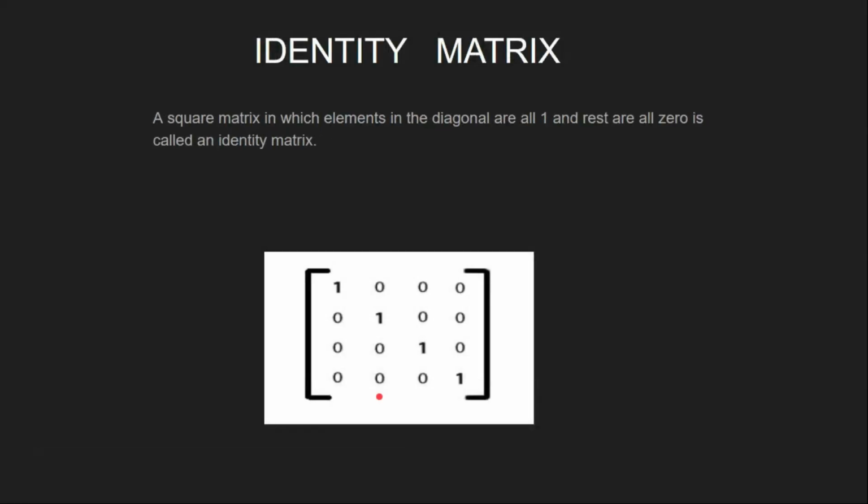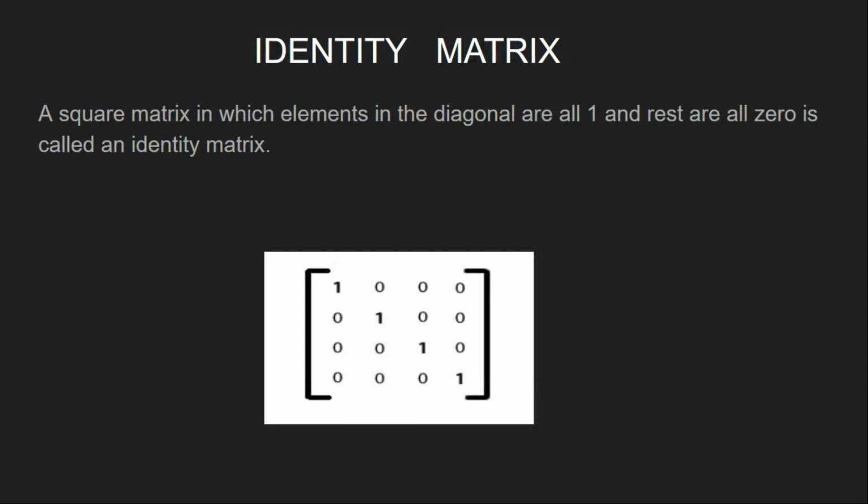Next one is the identity matrix, guys. A square matrix in which the elements in the diagonal are all 1 and the rest are all 0 is called an identity matrix. In the example you are seeing that all the elements in the diagonal are 1 and non-diagonal elements are 0.